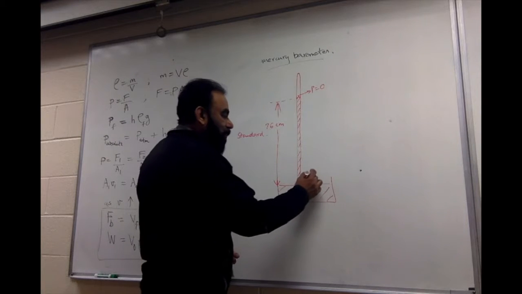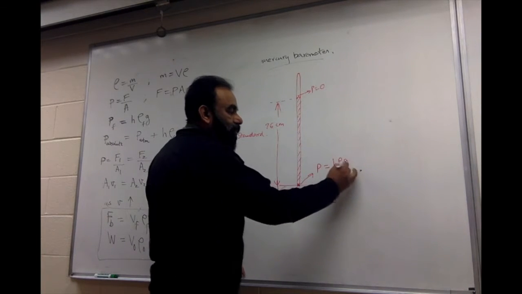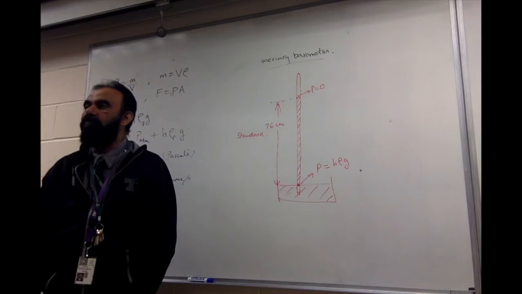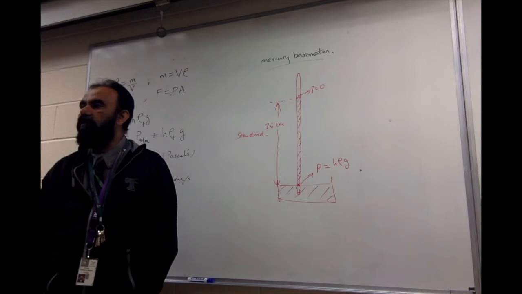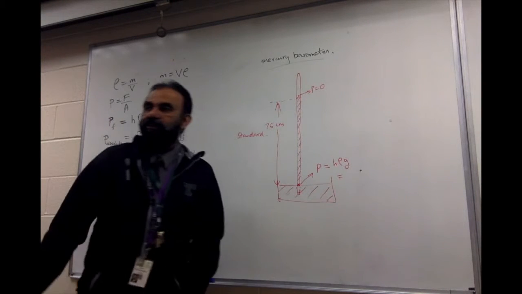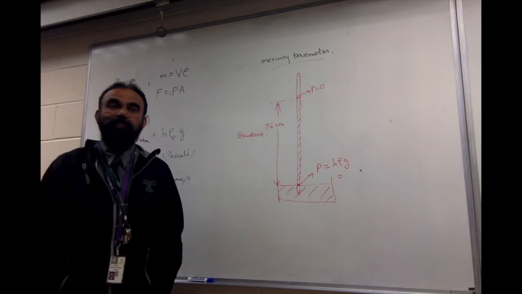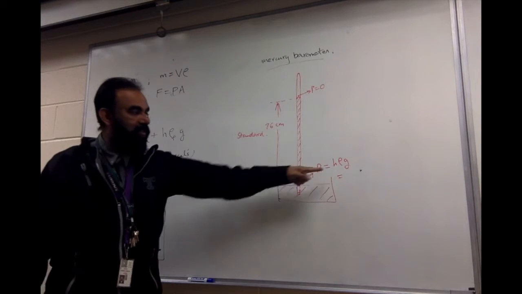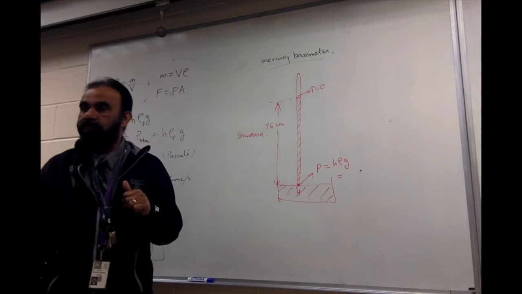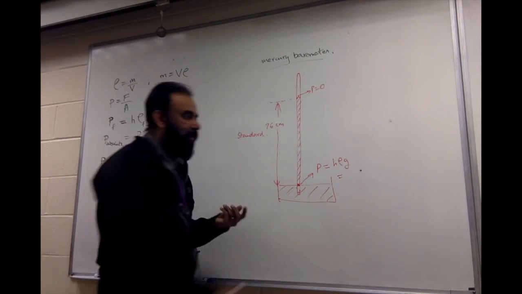You can calculate the pressure here by using the equation h rho g. It's mercury. What's the density of mercury? I'll tell you that. 13,600 kilograms per meter cube is the density of mercury. So find out, what is h? 76. We can't use centimeters, right? So convert it.